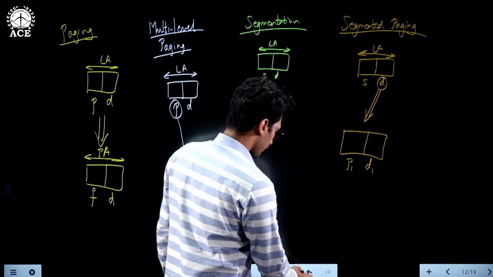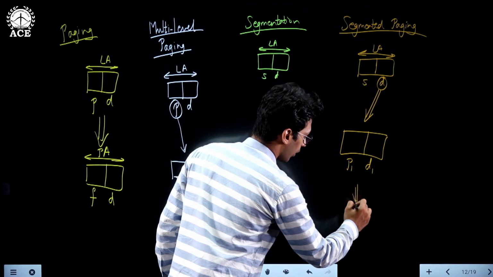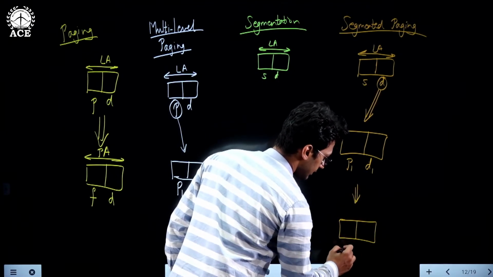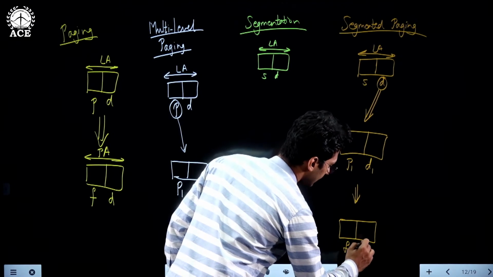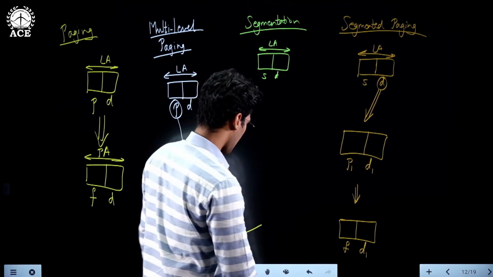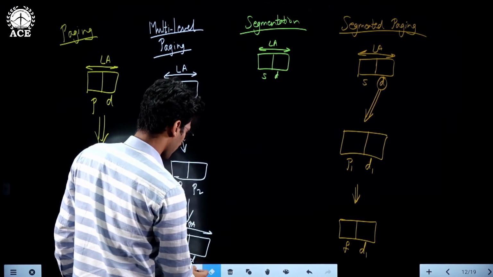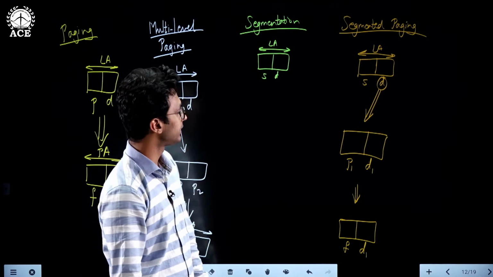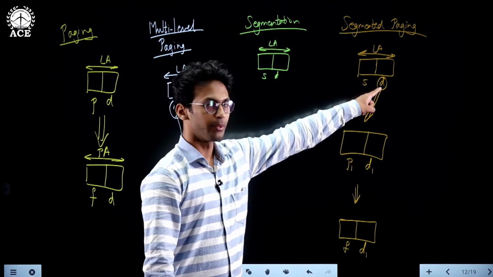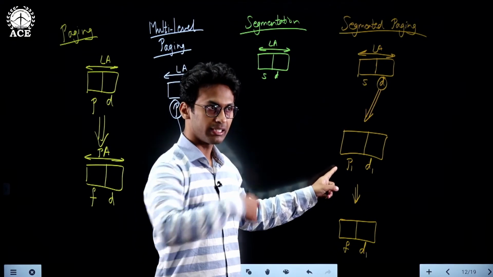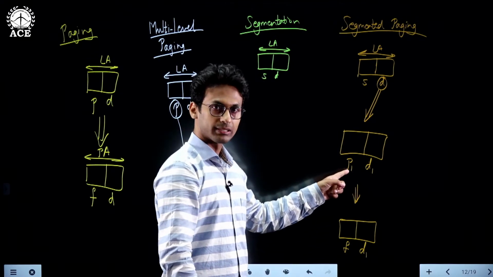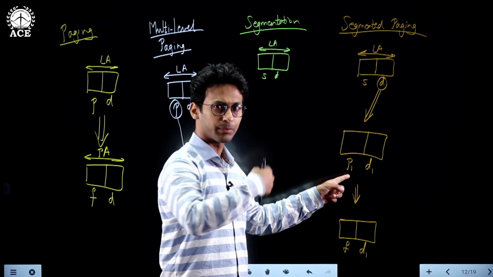Done. Now, from this you finally got the physical address, which is frame number and then frame offset. So this is how it happened in segmented paging. D got split into P1, D1. Which page you want to refer to? Within that page, what is that page offset? Now, you saw the page table of the segment.